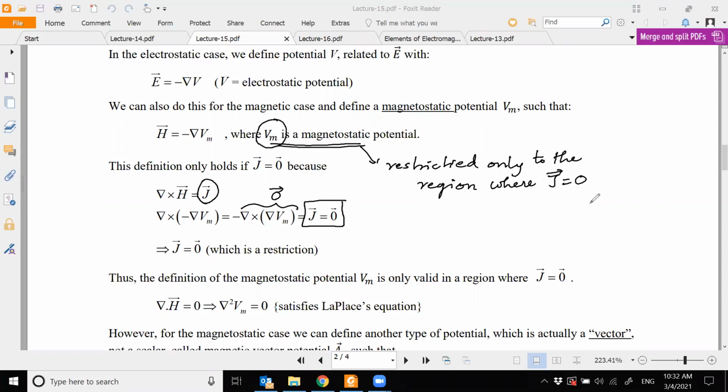So I can use a magnetic scalar potential only in the region where the current density is 0. We are restricting ourselves.